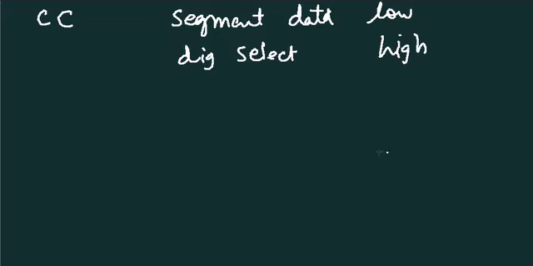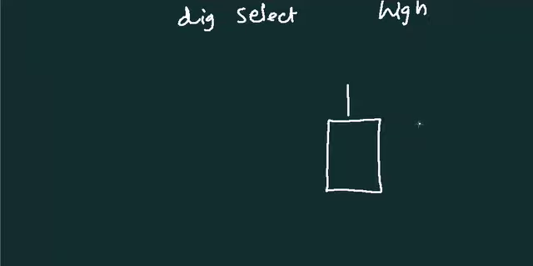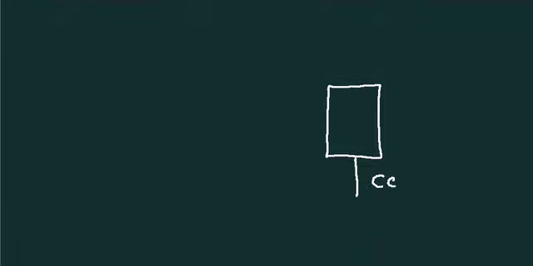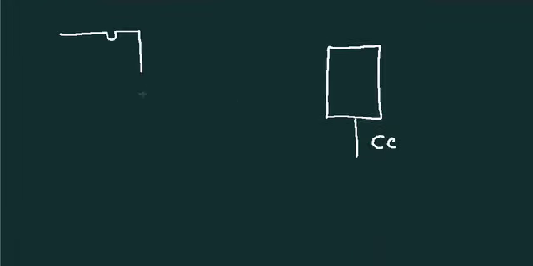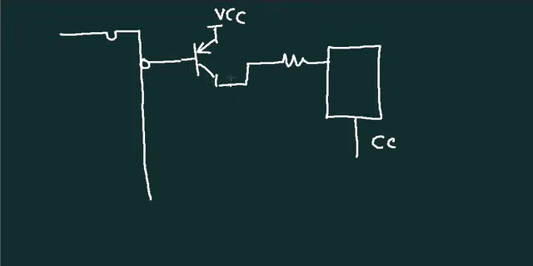So, under this situation, how will the connections be? Common cathode, segment data active low, then we have to use a PNP transistor, and this has to be 4.7 k for limiting the current, and this can be 330 ohms.